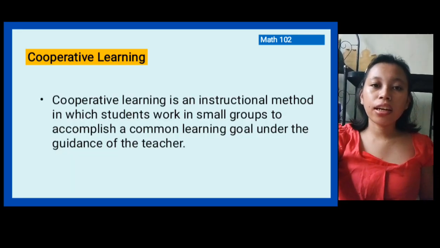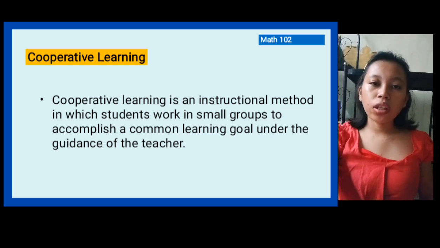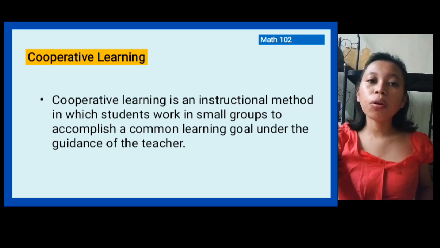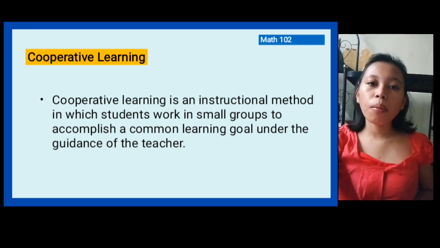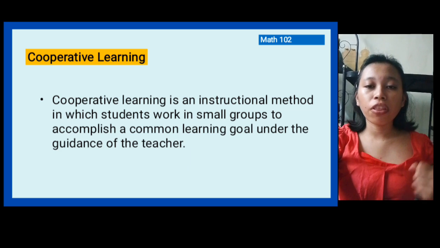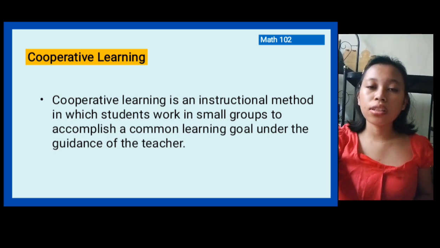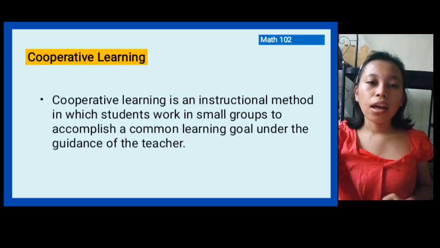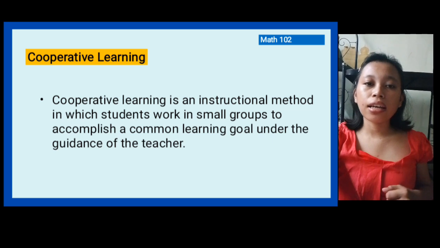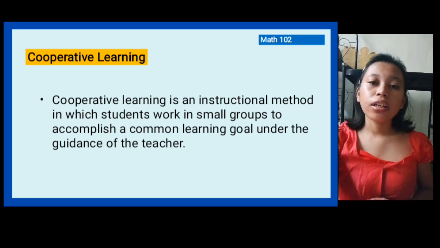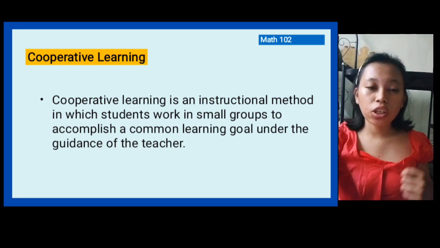Cooperative learning is an instructional method in which students work in small groups to accomplish a common learning goal under the guidance of the teacher. It is a teaching method that can help students' social skills. It is widely recognized as a teaching strategy that promotes socialization.